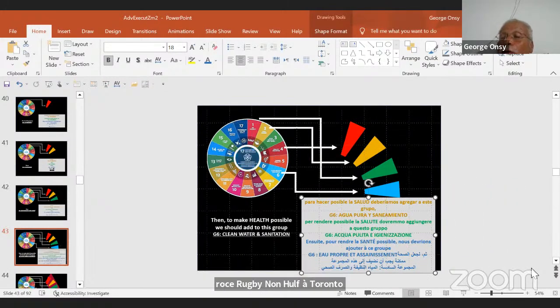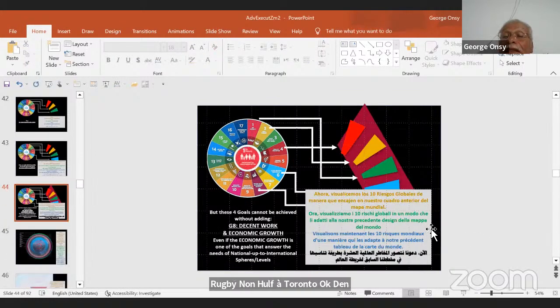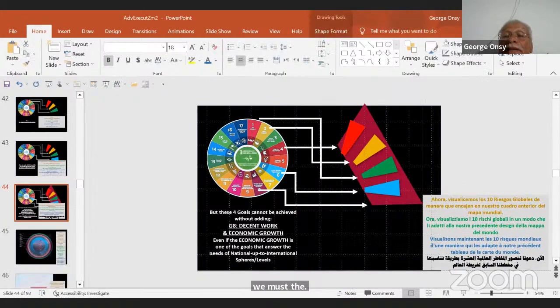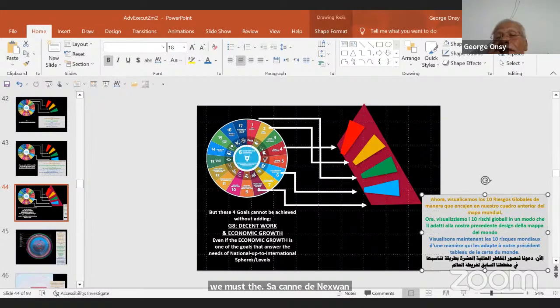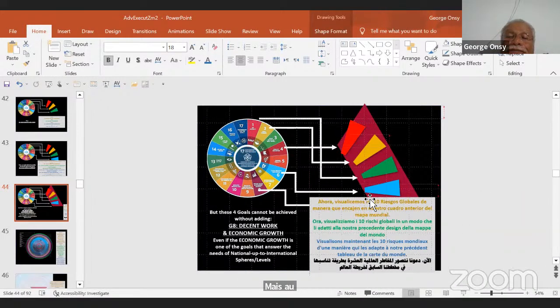Okay, then we move to the next one. The next one is big enough, as you see, to hold all this, which means it can make all these other goals that we've mentioned already possible, the 4 goals.